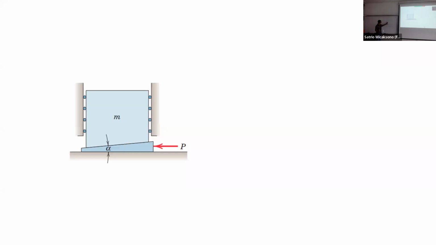Normal force is always perpendicular to the contact surface, like that. Friction force is parallel to the contact surface. And the direction is supposed to be the opposite of the impending motion, the motion that will happen if the force exceeds the friction force.